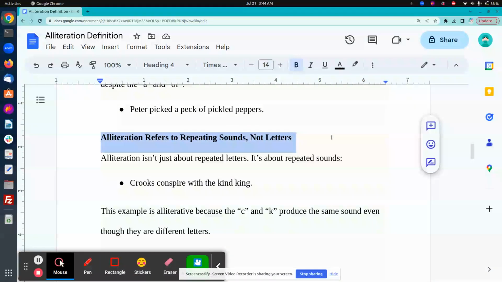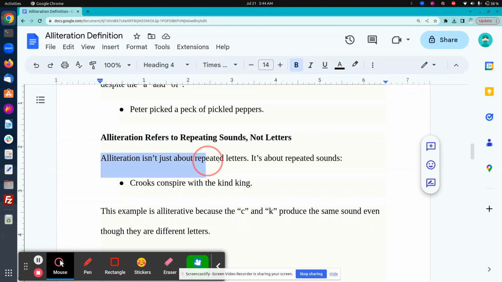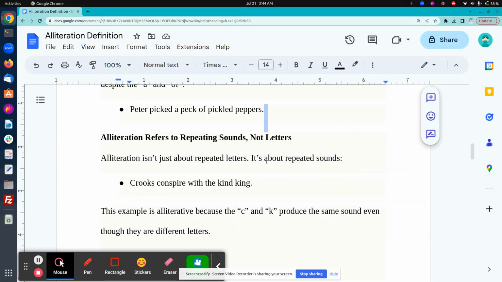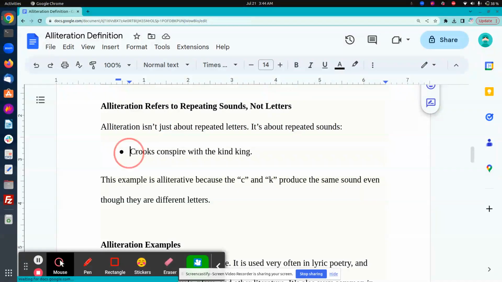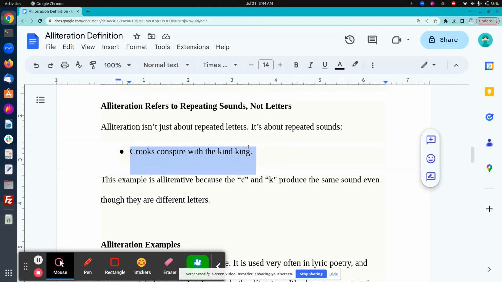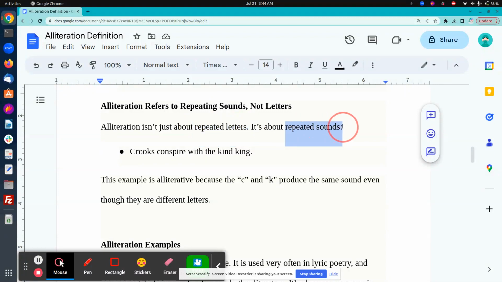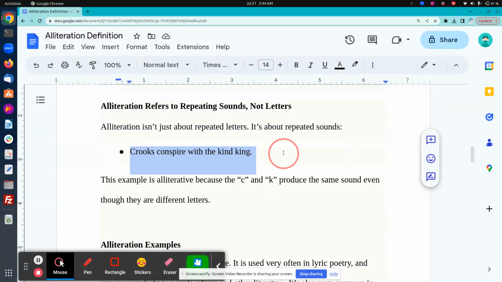Alliteration refers to repeating sounds, not letters. Alliteration isn't just about repeating letters, it's about repeating sounds. Let's see this example: Crooks conspire with the kind king.